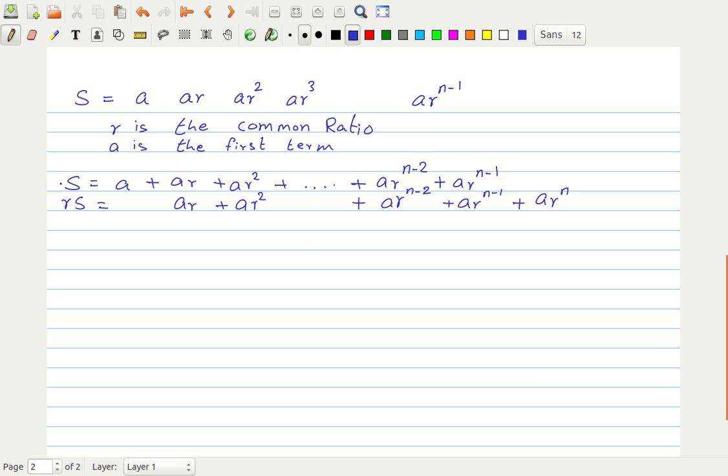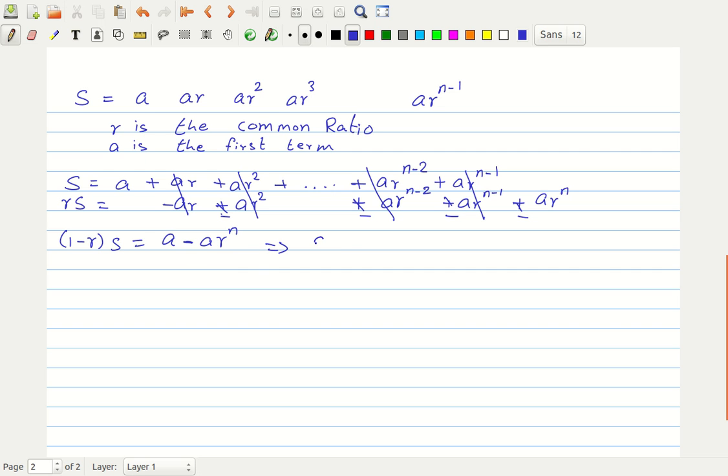Now, if I subtract S minus RS, I get 1 minus R times S is equal to A. Each of these terms is now minus. So, AR minus AR cancels out, all the terms cancel out except the last nth term, which is minus AR to the n.